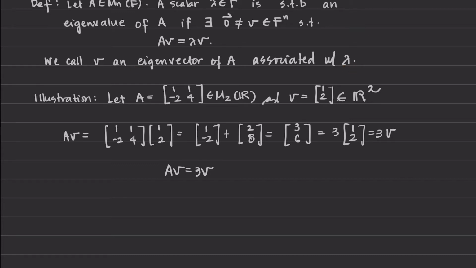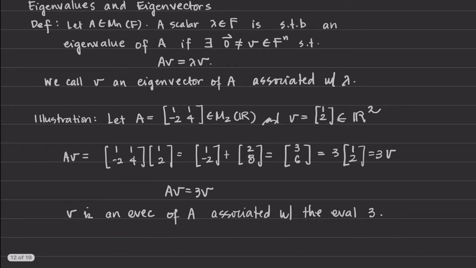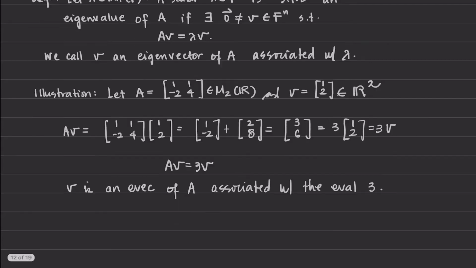Okay? With lambda 3. So, V is an eigenvector of A associated with the eigenvalue at 3. Okay? So, yun yung ibig sabihin ng eigenvalue tsaka eigenvector.